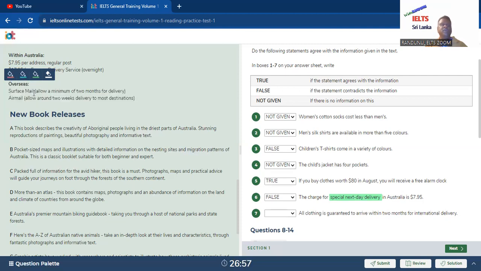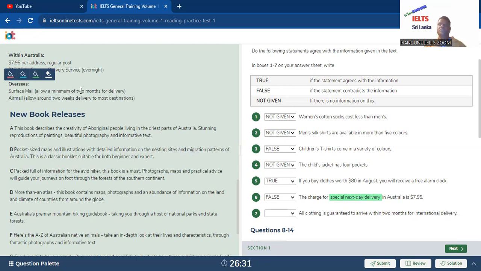If it comes in surface mail, what will happen? Minimum 2 months. If it comes in air mail, it will come in 2 weeks. So if it is coming in air mail, 100% sure that you will get it in 2 months. The 2 weeks is less than 2 months. But if it comes in surface mail, minimum it will take 2 months. So it can be 2 months or more than 2 months.